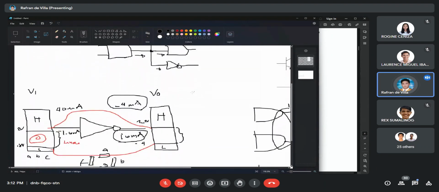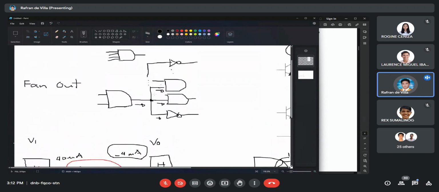Okay? Now, let's say for example, based on the definition of fan out, the number of inputs an output can drive reliably.